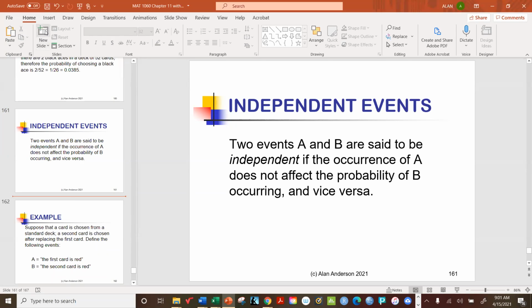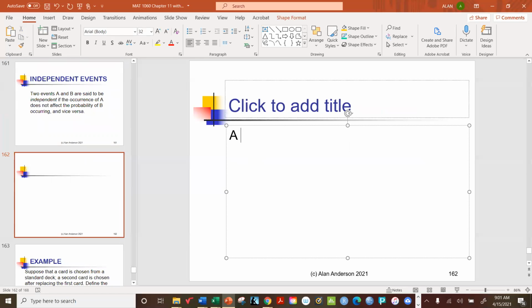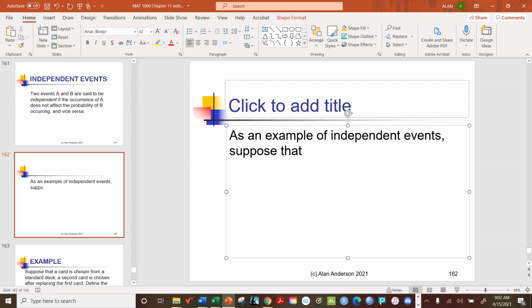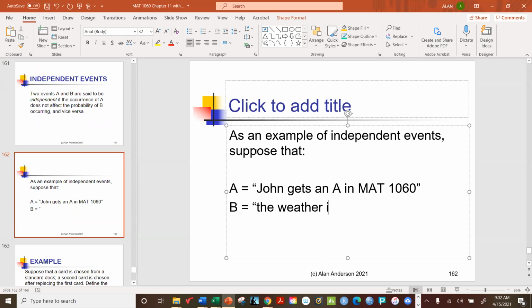All right, so for example, suppose that A is the event that, let's say, John gets an A in Math 1060, and B is the event that the weather is unusually cold. Well, is there any reason to think that those two are related to each other?